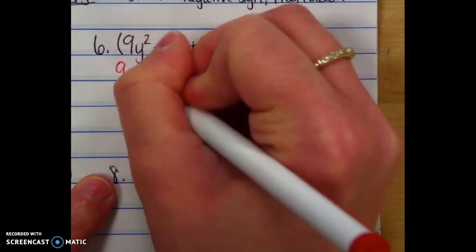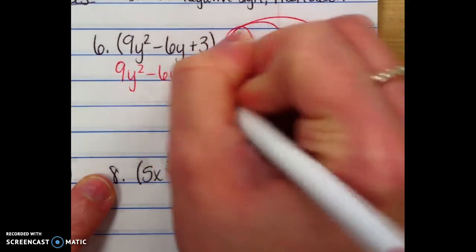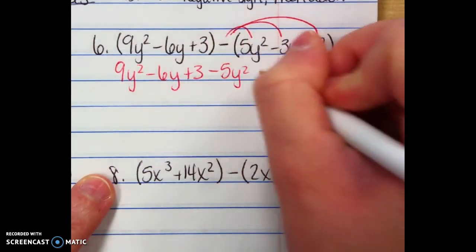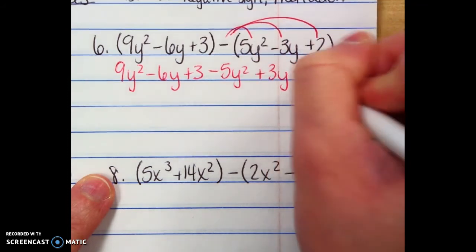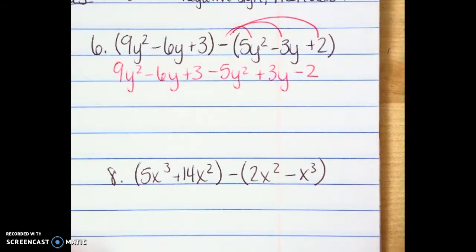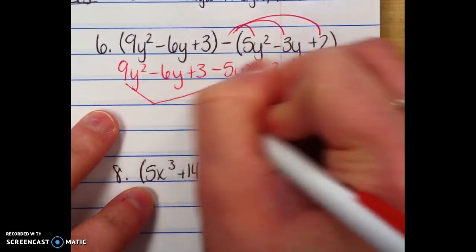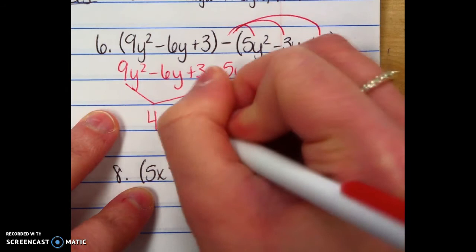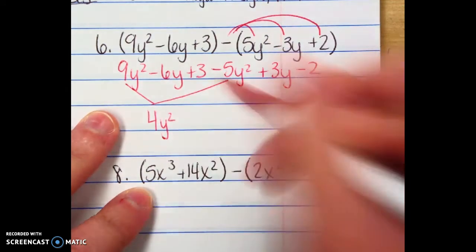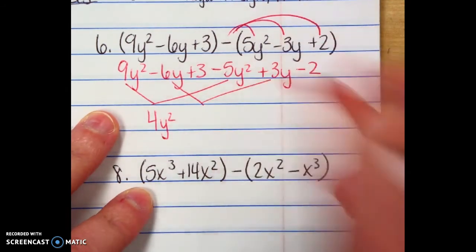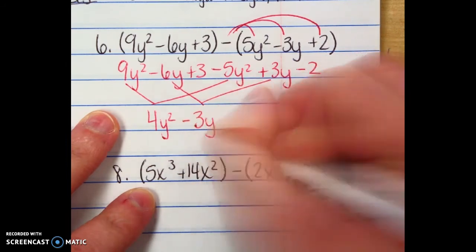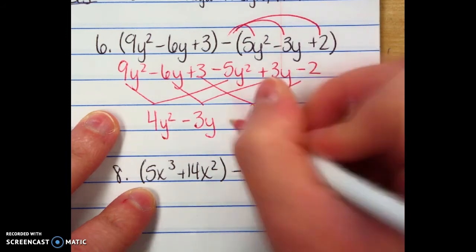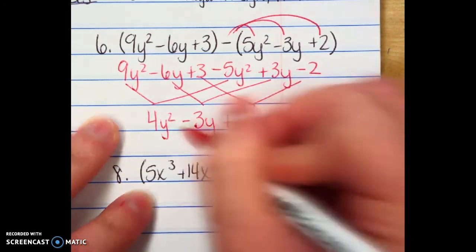So I get 9y squared minus 6y plus 3 minus 5y squared plus 3y minus 2. So for my y squared ones, I have 9 minus 5, which is 4y squared. For the y's, I have negative 6 plus 3, that's minus 3y. And for the constants, I have 3 minus 2, which is a positive 1.